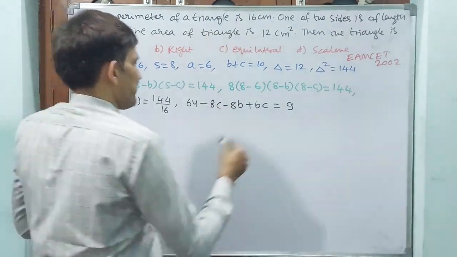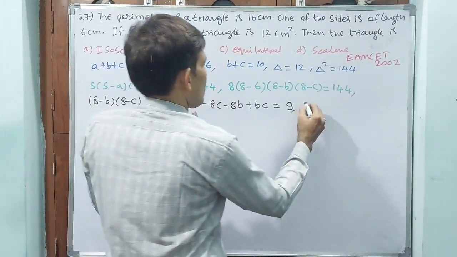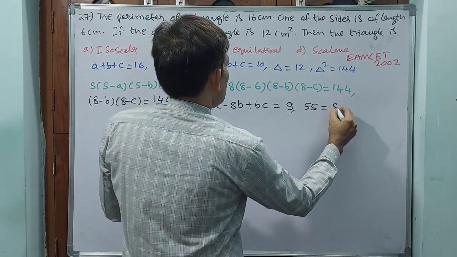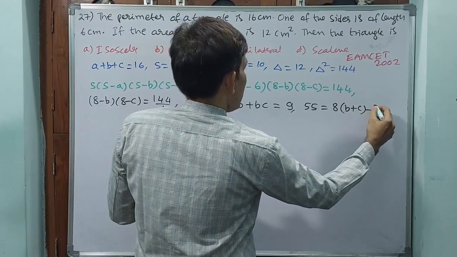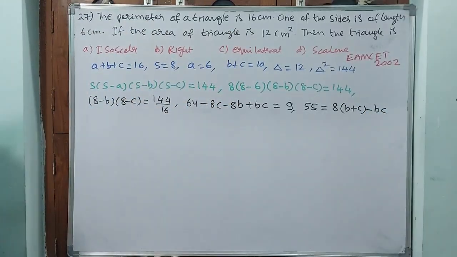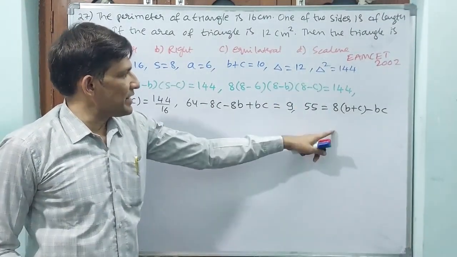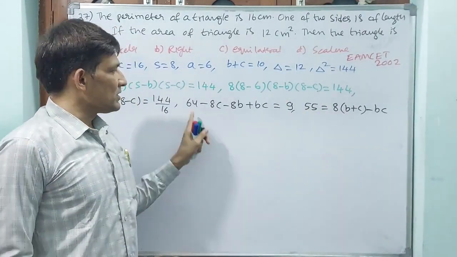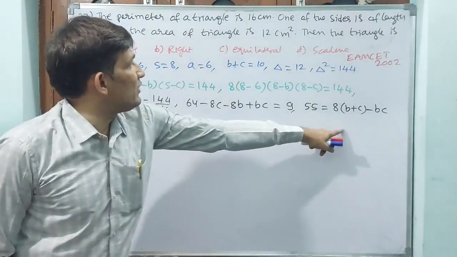See how I am doing. 64 minus 9 is 55. 55 is equal to 8b plus 8c minus bc. 8 I have taken common. BC also minus, but bc value you know here, 10 is not it, bc is what we need.